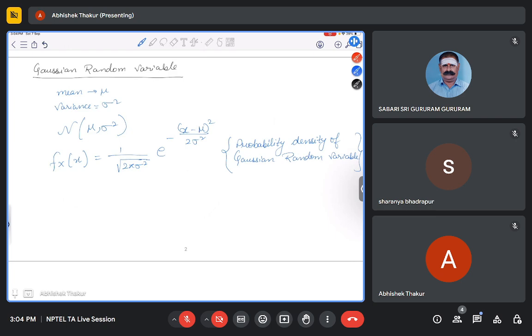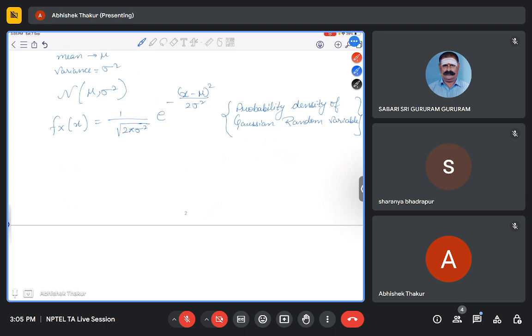This Gaussian random variable is an even function, like it is symmetric with respect to the y-axis, and also when we keep the mean equal to 0 and variance equal to 1, this is known as the standard Gaussian random variable.